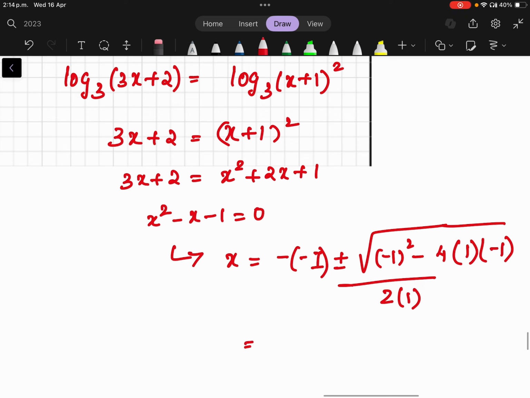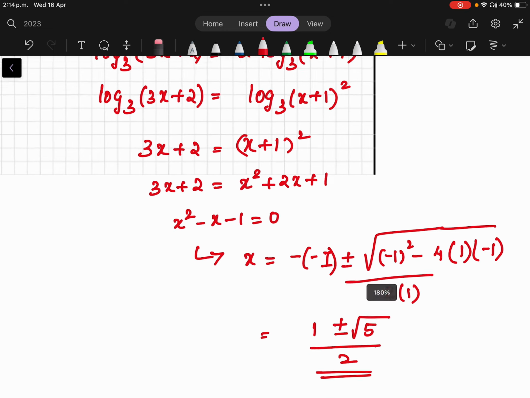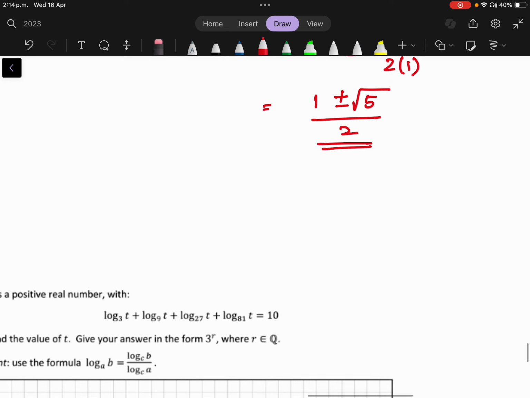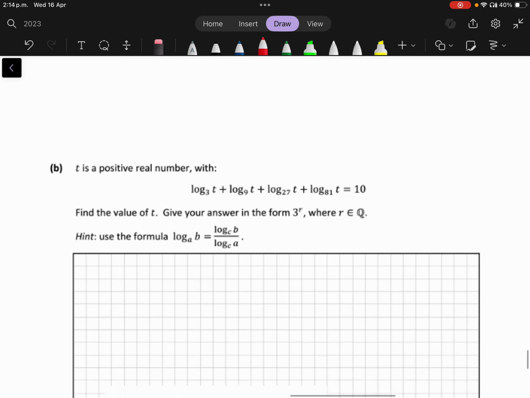You will get the final answer as: minus of minus will be plus, so 1 plus or minus square root of 5, divided by 2. Okay, so this is how we find the values. And I hope you know how to put it in the calculator and get these values.